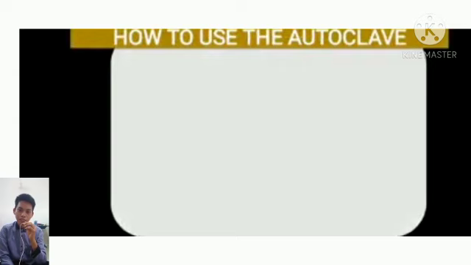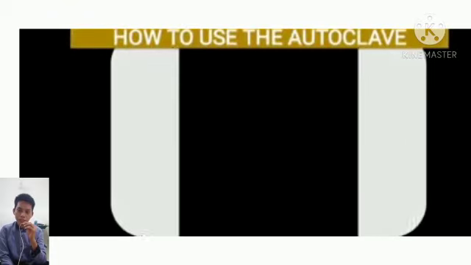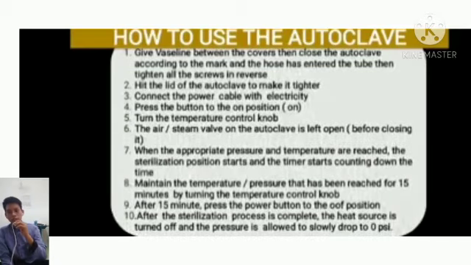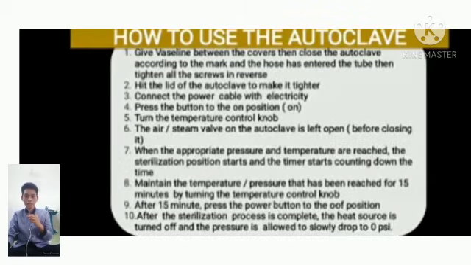Okay, next, then we go to how to use the autoclave. One, put Vaseline between the covers, then close the autoclave according to the mark, with the hose entering the tube, then tighten all the screws in reverse. 2.